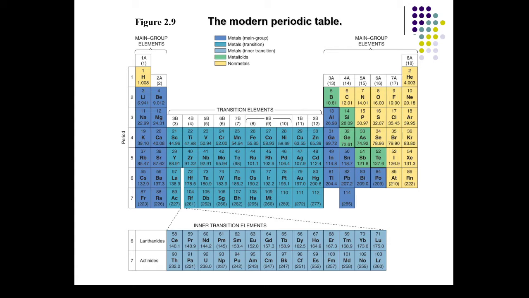Oganesson is what it's called, but it was created in a lab, and we really don't have to worry about that. Anything after 92 is man-made. Up to 92 are naturally occurring. This was all laid out, or started to be laid out, by a guy by the name of Mendeleev.